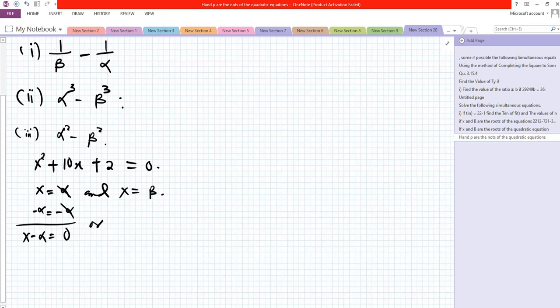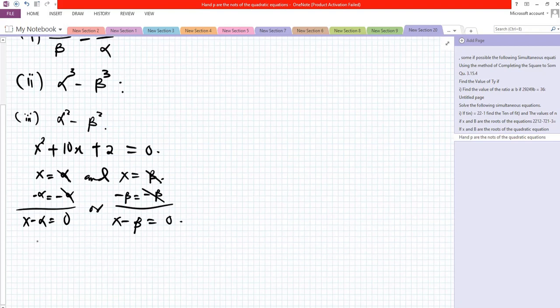Or if you add minus beta to both sides, this will cancel out, and you have x minus beta equal to 0. That means x minus alpha times x minus beta is equal to 0.